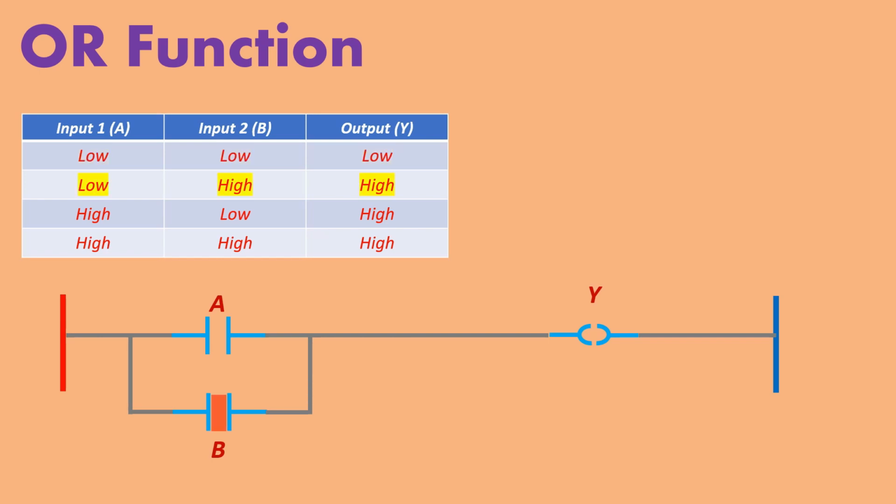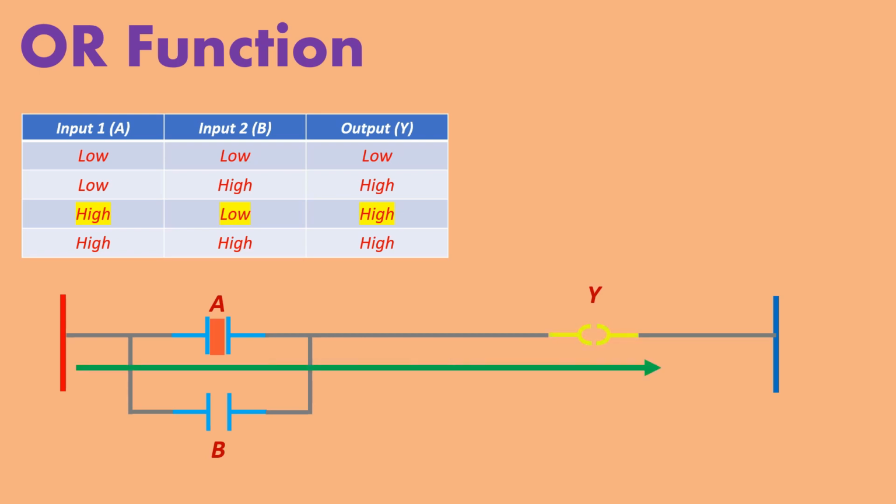In the second case, when A is low and B is high, current passes through B and coil Y is energized. In the third case, when A is energized, the contact becomes closed and current can pass through and thus the output coil is energized. In the fourth case, both A and B are energized. Current flows through both paths and the output coil is energized.